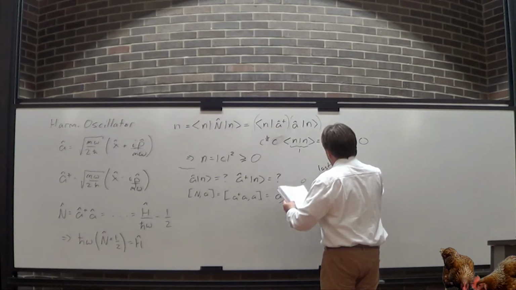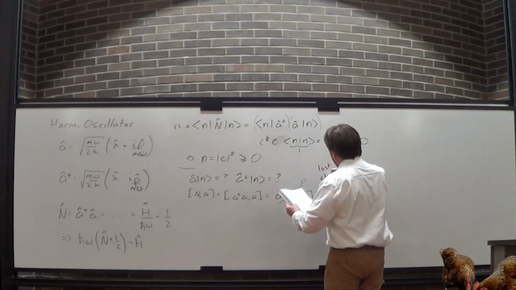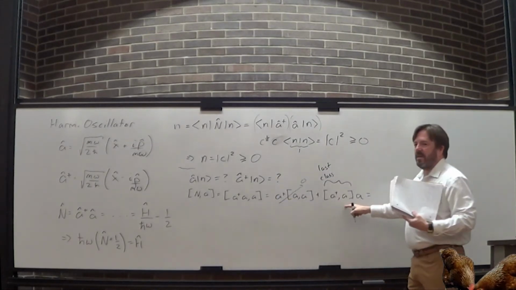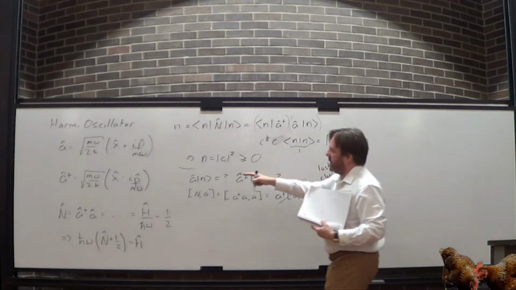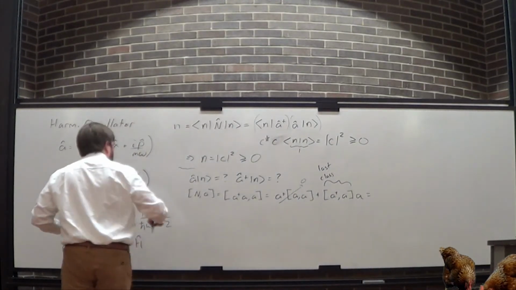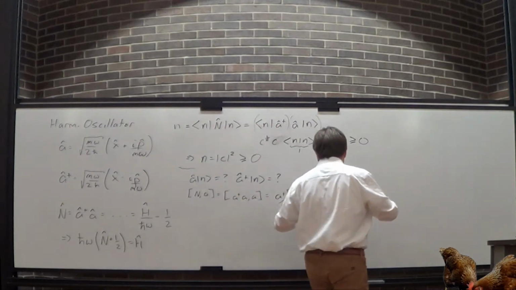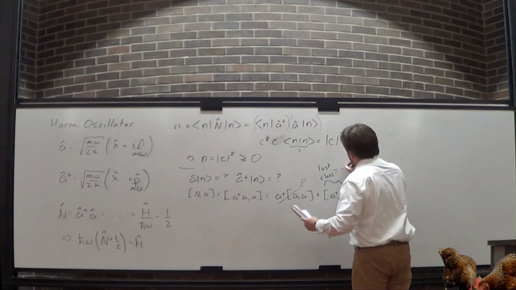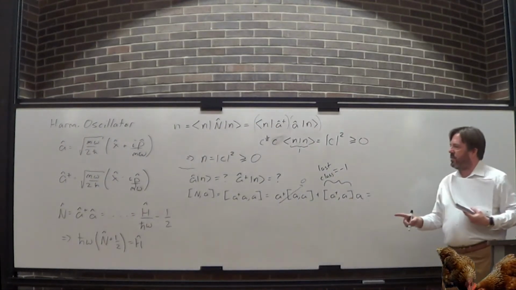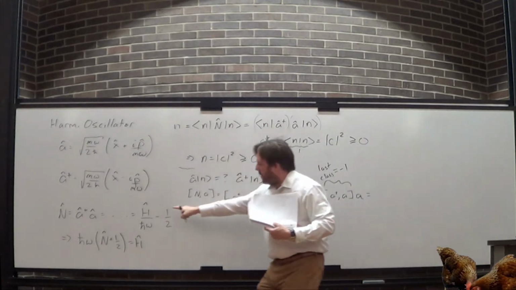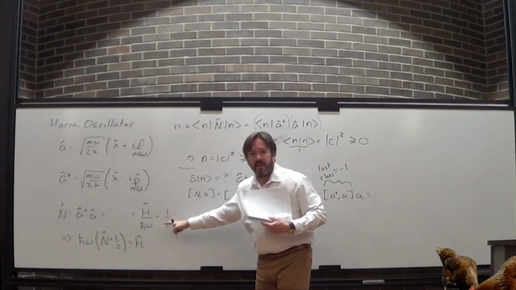I'm kind of cross-eyed right now. All right, when you write all this out, what you found is that this commutator was -1. That's actually where this thing showed up.